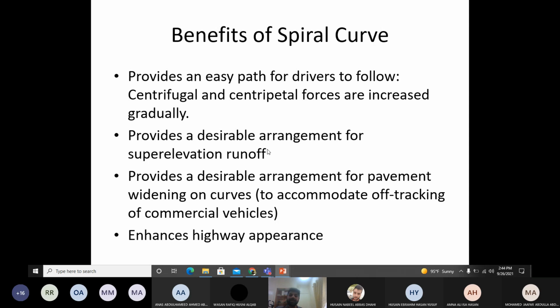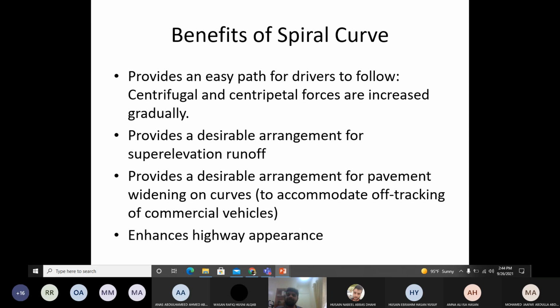The second benefit of the spiral curve, which we are more interested in at this point, is that it can be used for providing super elevation runoff. So the super elevation runoff can happen on the spiral curve. When you are at the start of the circular curve, full super elevation has already been achieved.